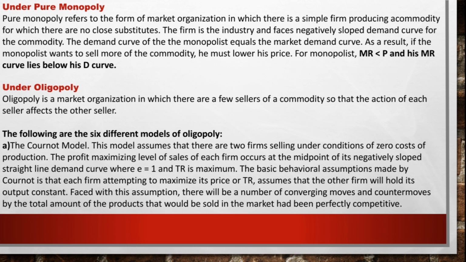The basic behavioral assumption made by Cournot is that each firm, attempting to maximize its profit or TR, assumes that the other firm will hold its output constant. Faced with this assumption, there will be a number of converging moves and counter moves until the total amount of the products sold in the market approaches that of a perfectly competitive market.